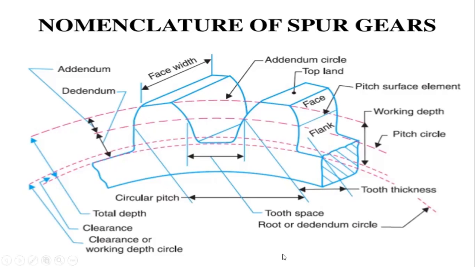Next one is the tooth space also, which is on the root or dedendum circle. So these are the different parts.